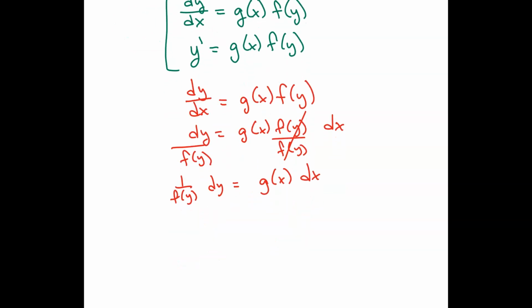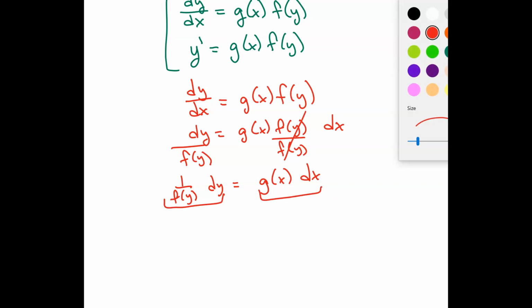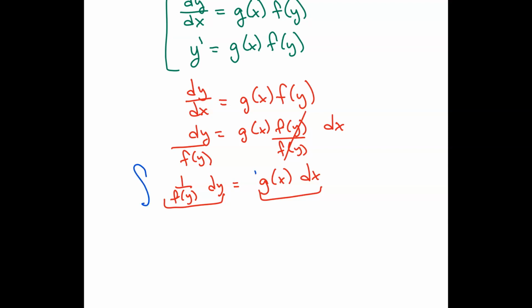Okay, basically what I've done is put all of my y's together and all of my x's together. The whole point of separation of variables is that now I can integrate both sides. If I integrate both sides, I get rid of the dy and the dx by taking the antiderivative of these functions, assuming they're integrable.